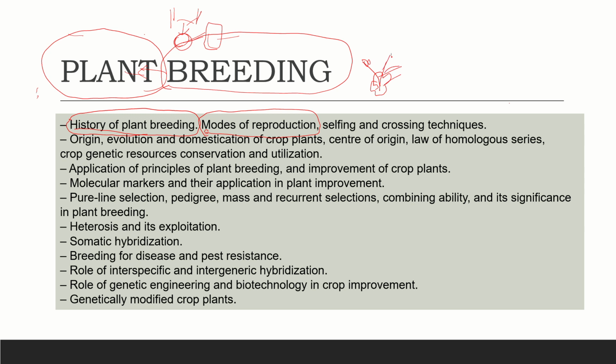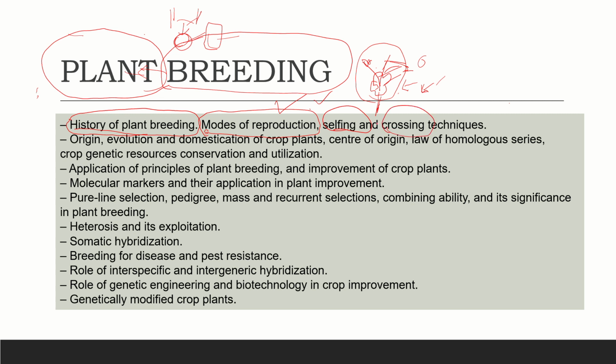Everything has a purpose, and there are different modes of reproduction, like dioecious plants and monoecious plants, and how wind helps with pollination, how animals help, how butterflies help. We'll discuss these in detail in modes of reproduction.